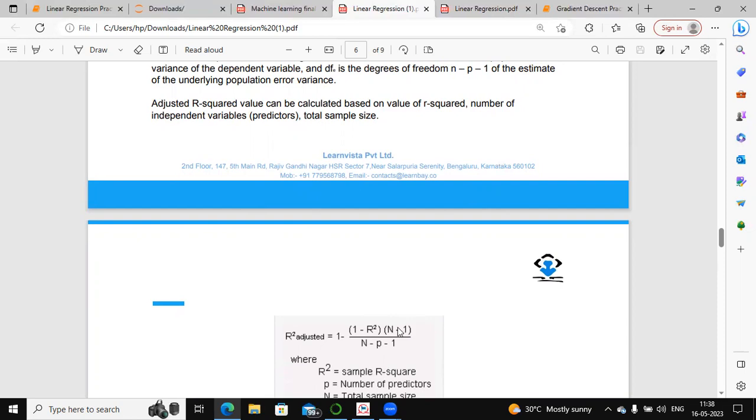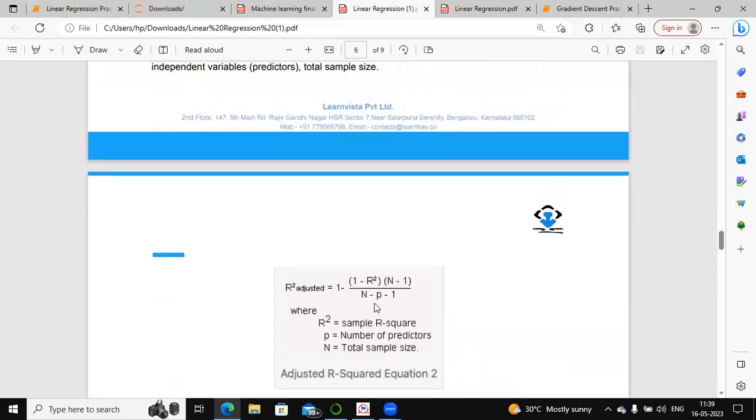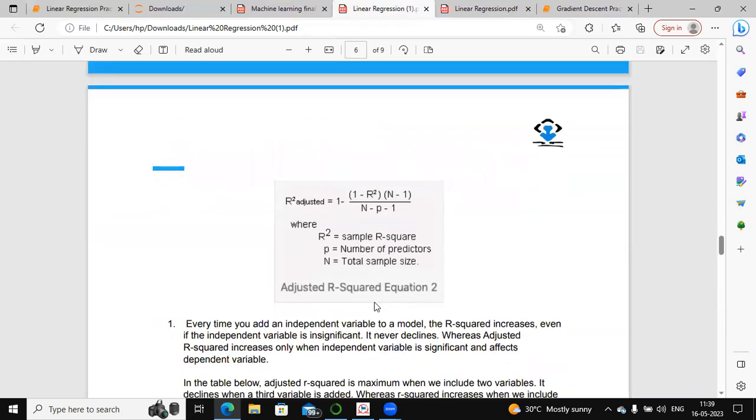This is how adjusted R square can be calculated mathematically.